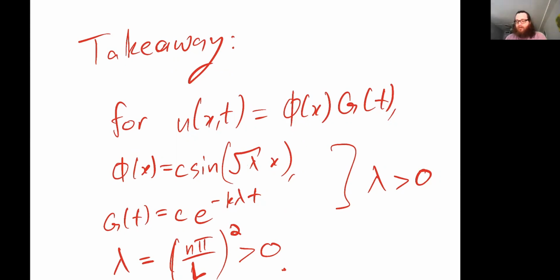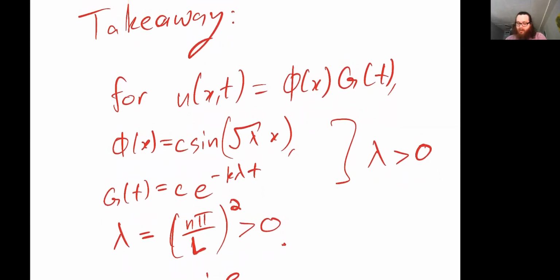These building blocks were composed of the product of a spatial piece, phi of x, and a time piece, g of t, where phi takes the form sine of root lambda times x times some constant, and g takes the form of an exponential e to the minus k, where k comes from the PDE, it's capital K0 over C rho, but it's just some constant.